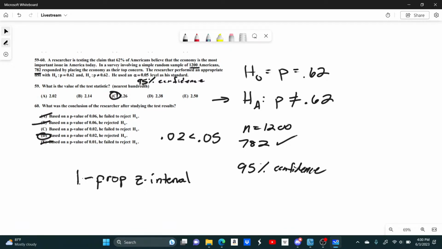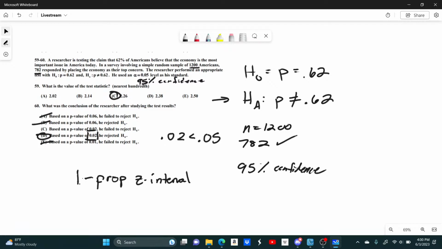Basically, what this 0.02 means is that if the null hypothesis was true, right? Say the true population is actually 62%. If the null hypothesis was true, there would only be a 2% chance of getting a value like this or this extreme, right? Hopefully that makes sense.